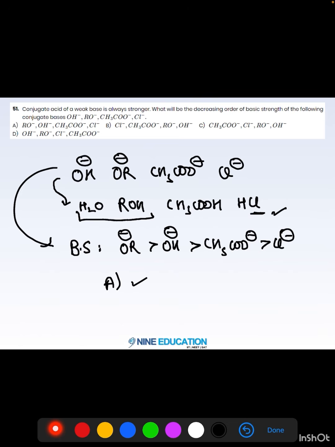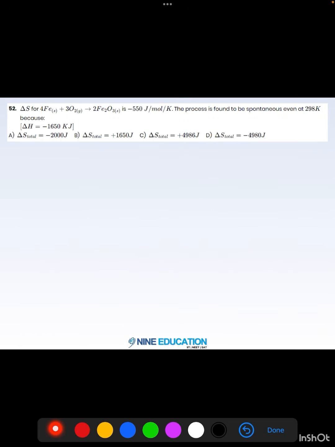Fine. Next we are having the second question, 52nd question. Delta S for the reaction 4Fe plus 3O2 giving us 2Fe2O3 is minus 550 joule per mole per Kelvin, and the process is found to be spontaneous even at 298 Kelvin, and there are 4 options in which they are talking about delta S total.